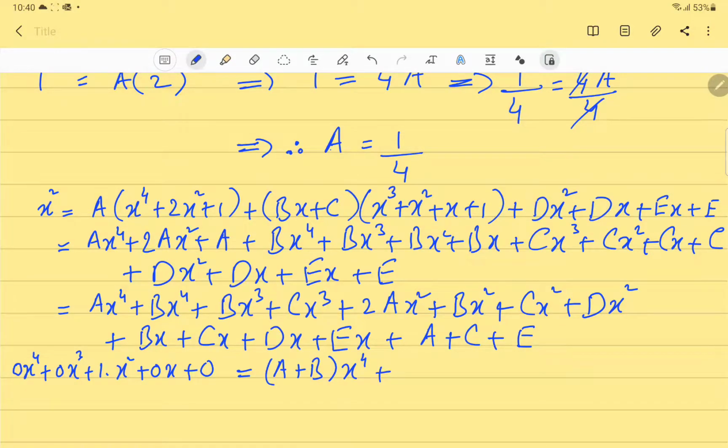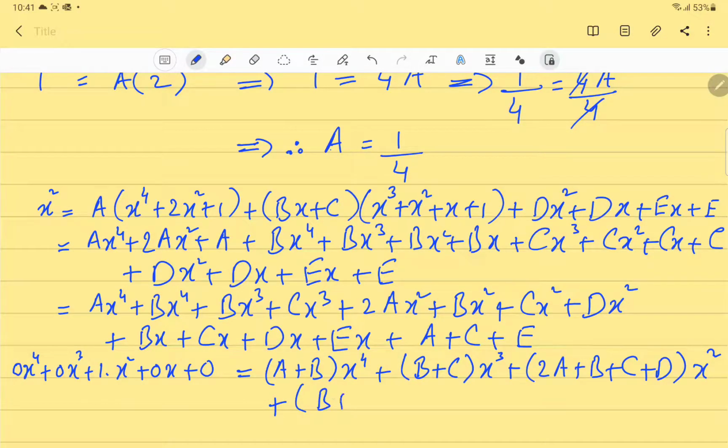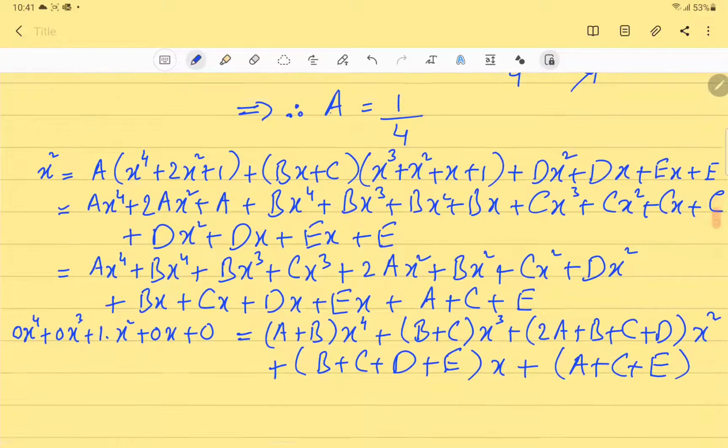Then we will take x cube common, b plus c into x cubed, and now we will take x squared common, so we will have 2a plus b plus c plus d, and outside x squared is there, plus now we will take x common, so we are having b plus c plus d plus e into x plus the last term without x, a plus c plus e.